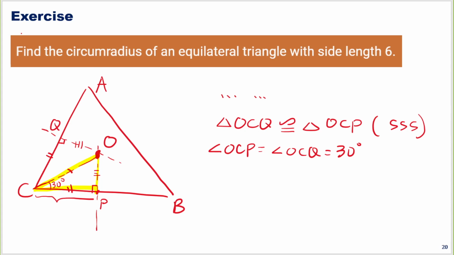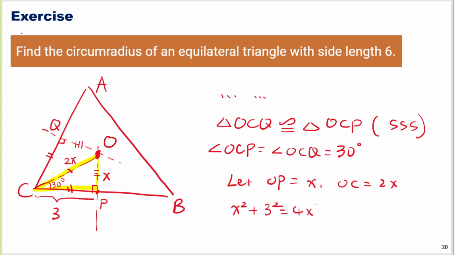So if you know the side length is 6, then CP equals 3, right? Suppose OP equals x, then we have OC equals 2x, right? Then we have x squared plus 3 squared equals 4x squared. This gives us 3x squared equals 9. Then x squared equals 3. And x equals square root 3, right?